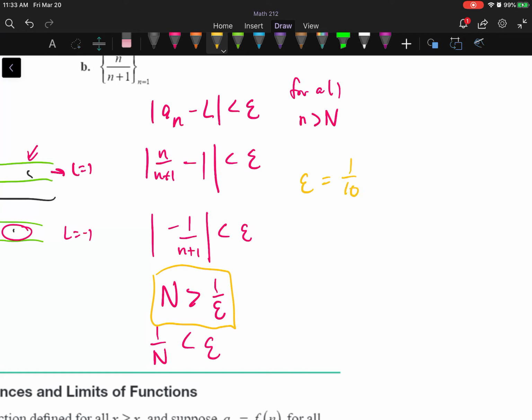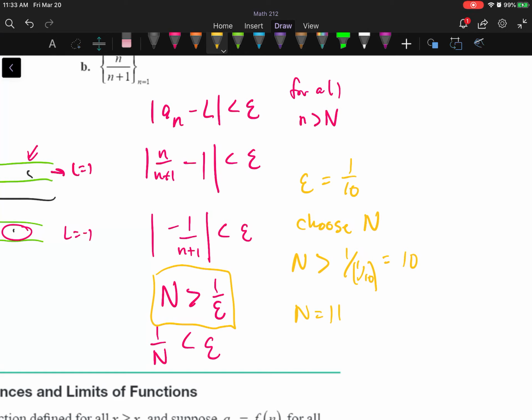Then I would choose big N to be bigger than 1 over 1/10. And 1 over 1/10 is 10. So if I chose n to be, say, 11, then going out to the 11th term would make sure that I'm within 1/10 of epsilon.